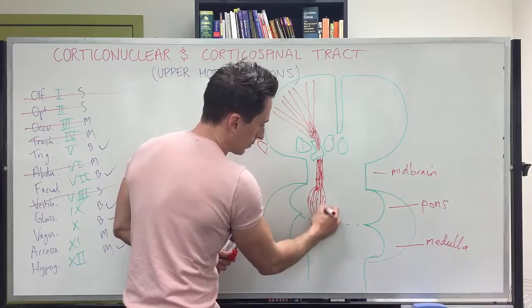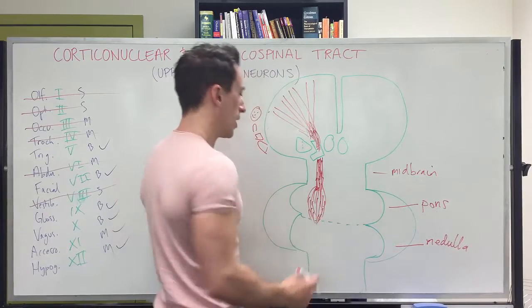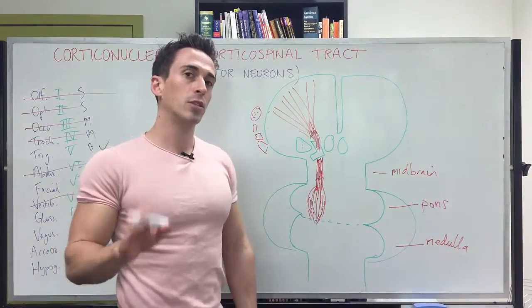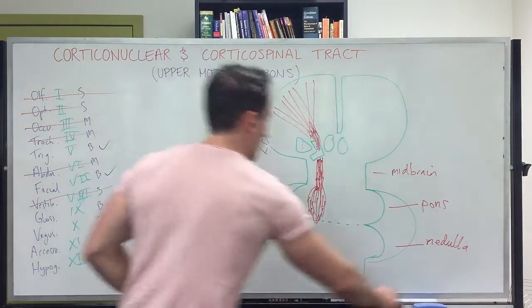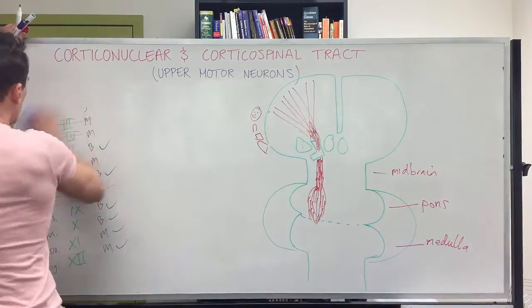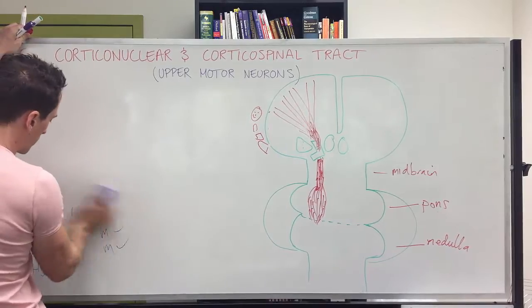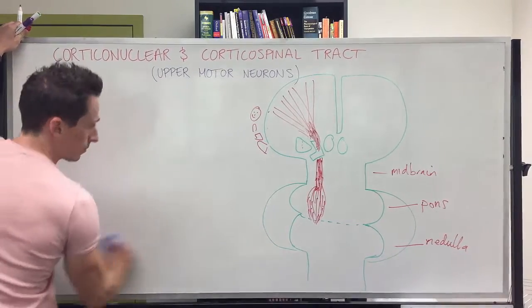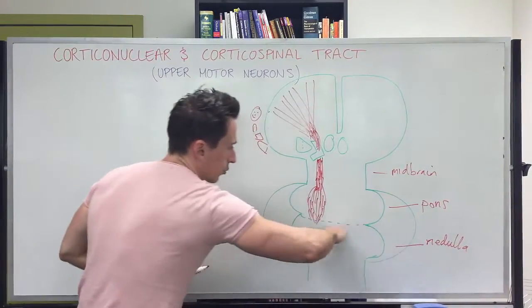Then it gets to the medulla. So once it's at the medulla, this is the corticospinal tract. Once it's at the medulla, if we would now draw a cross section of the medulla, again, we're cutting across the medulla here.